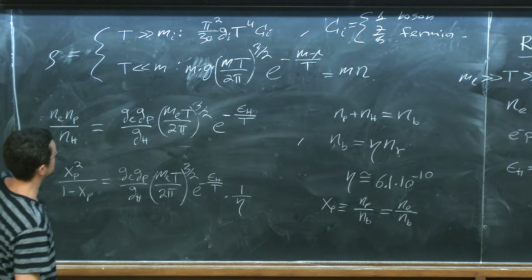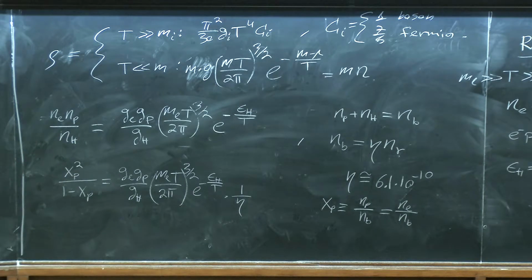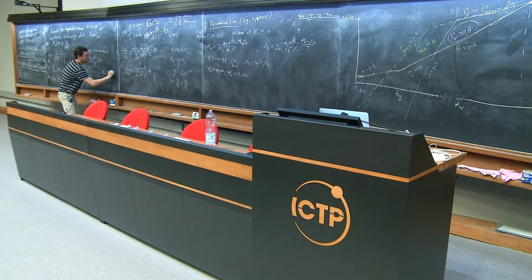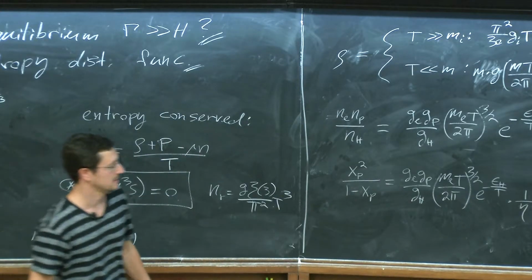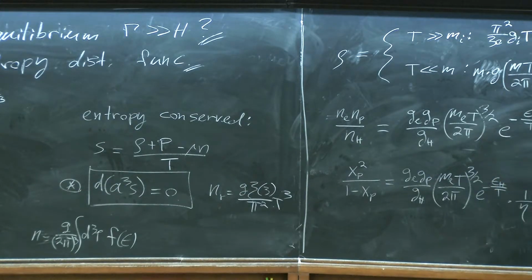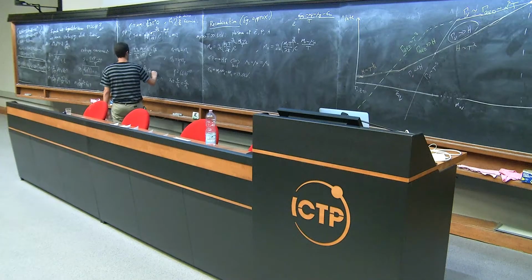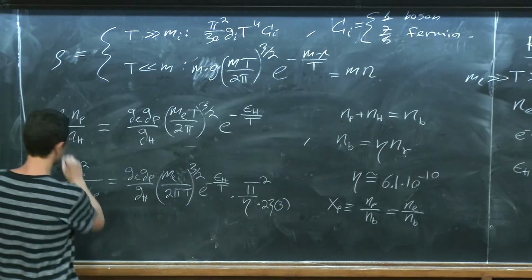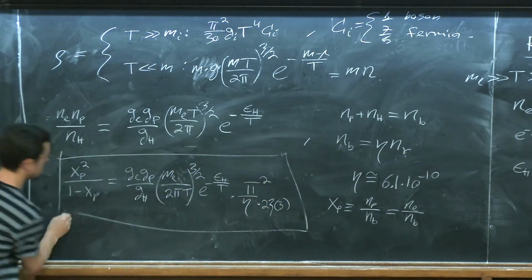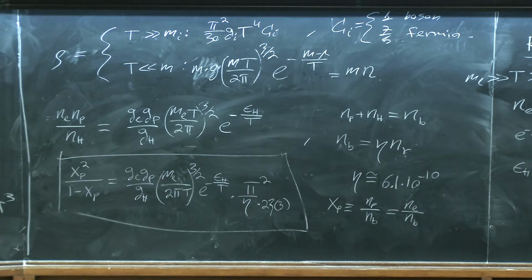So now I have no choice. I need to tell you the number density of photons. So this n_gamma is g times zeta of 3 over pi squared T cubed for relativistic particles. So I can plug it in here. And I have 2 zeta of 3 over pi squared. And this T goes down. Now I have a dimensionless equation that we can immediately analyze.